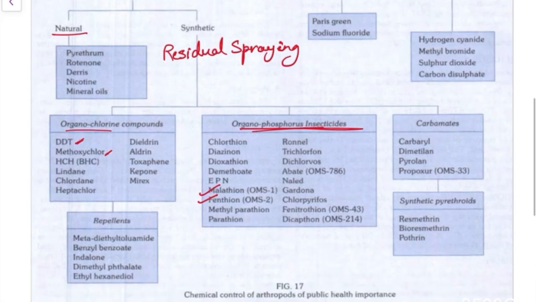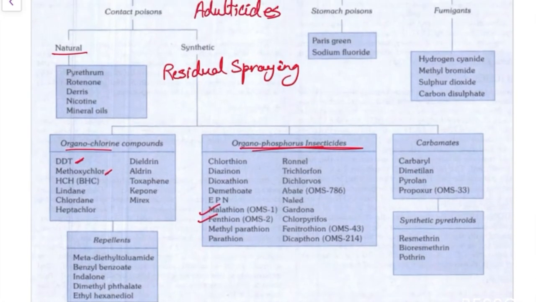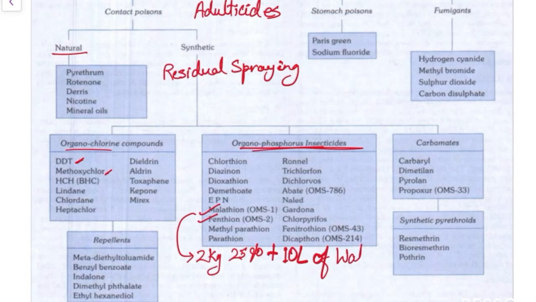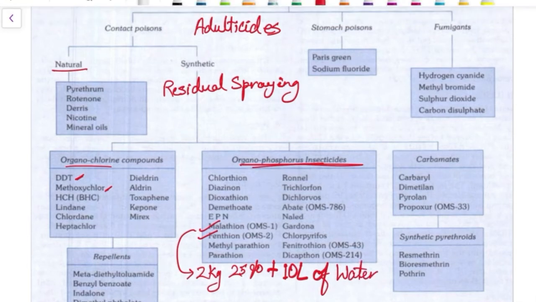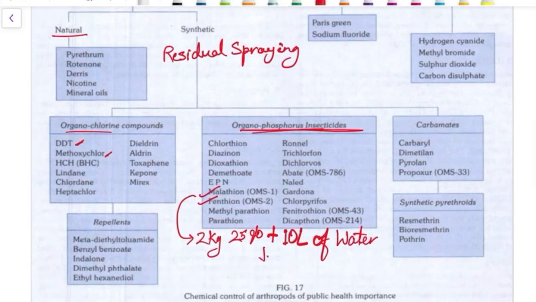Nowadays mostly malathion is used as 2 kilogram malathion powder. 25% malathion powder is mixed in 10 liter of water, and sprayed over 250 square meter area.